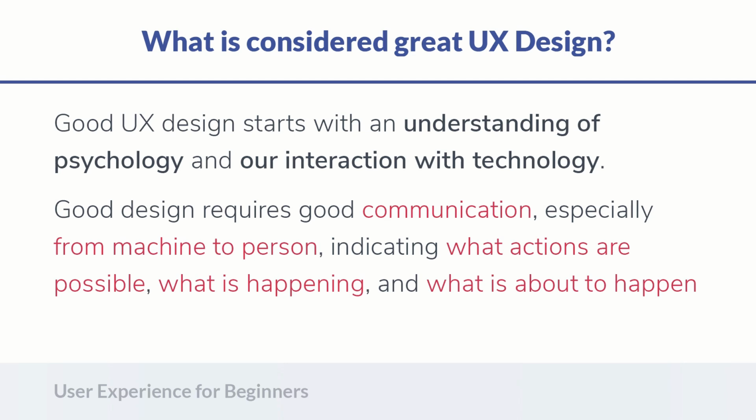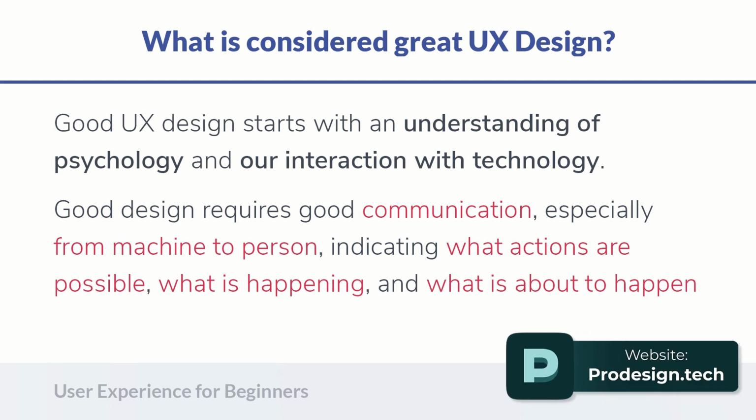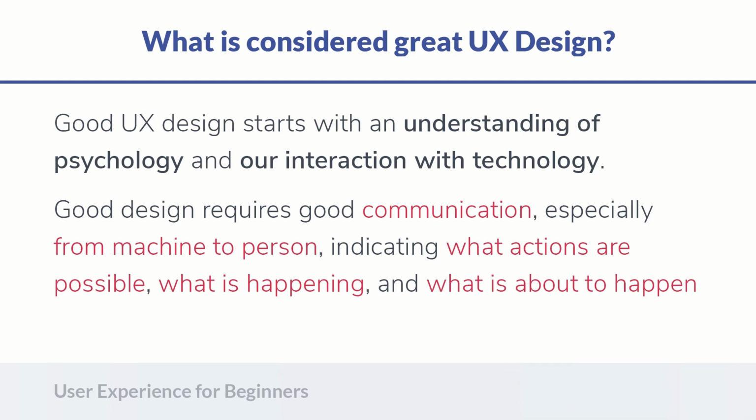I have clicked the button. Does this submit my form? Or is it still working in the background? And what is going to happen next? Is it going to charge me right now, or is it going to charge me at the end of the month or something like that?